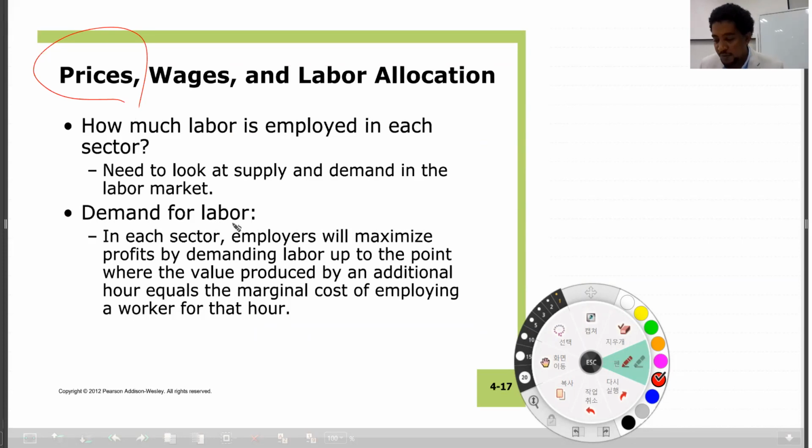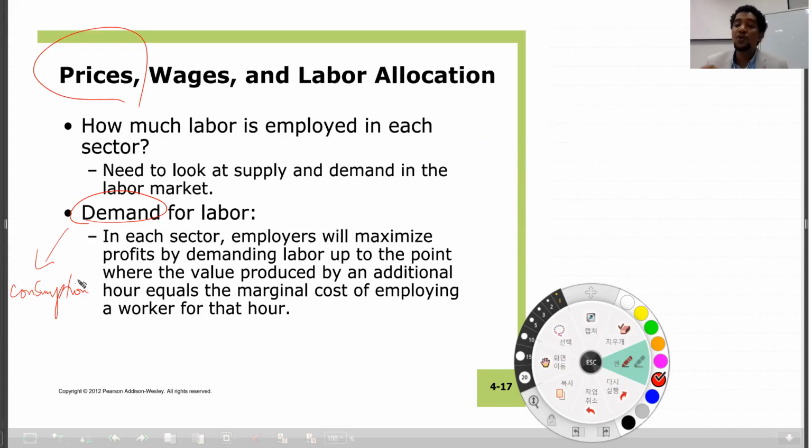So for demand for labor in each sector, employers will maximize profits by demanding labor up to the point where the value produced by additional hours of labor equals the marginal cost of employing a worker for that hour, okay? So this demand talks about consumption, okay?